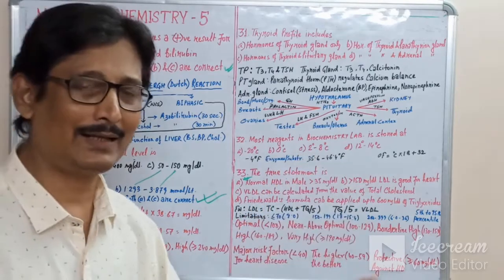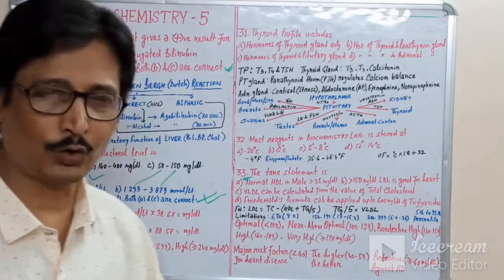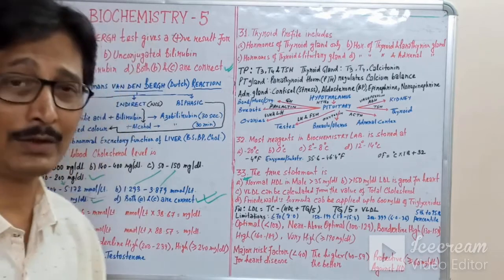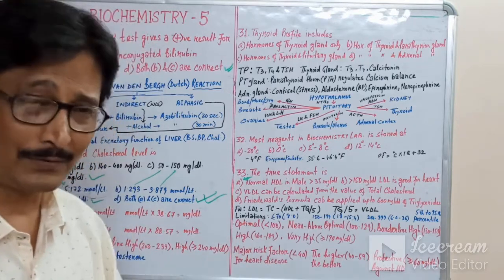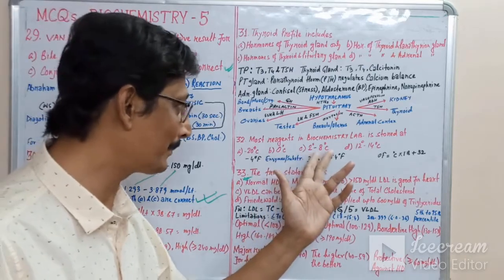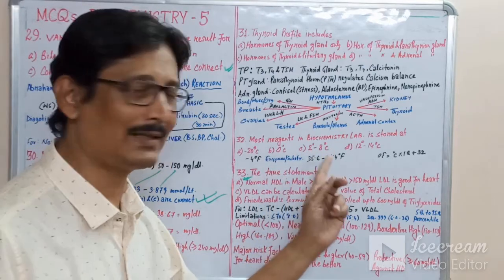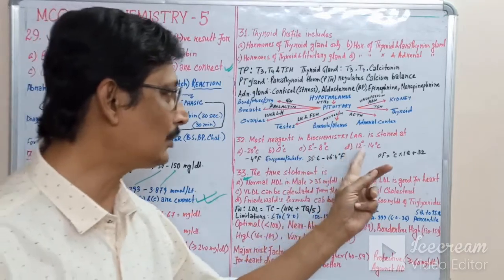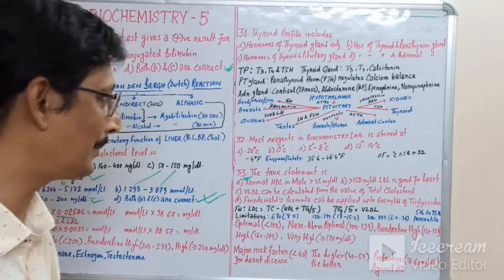And 2 to 8 degrees is most optimal, that is not the freezer temperature, the best storage temperature is 2 to 8 degrees centigrade, and 12 to 14 degrees is obviously very high.